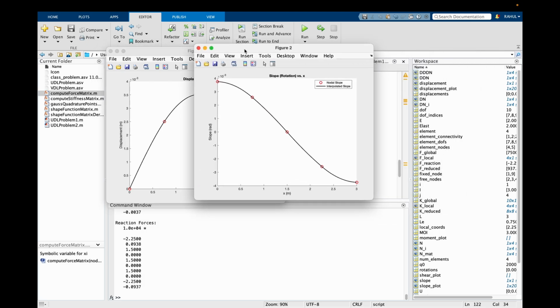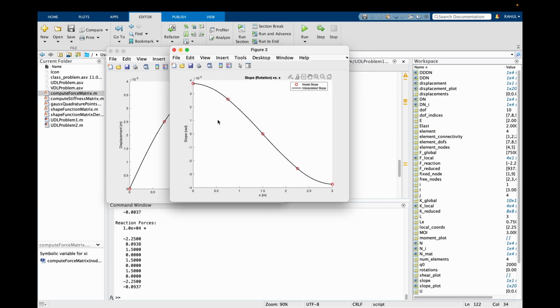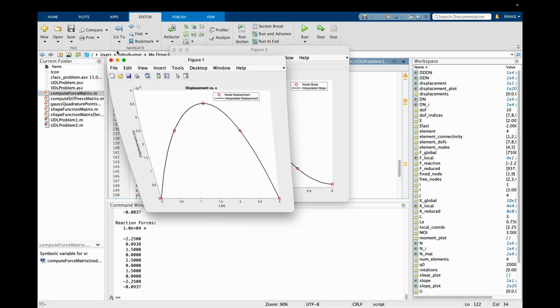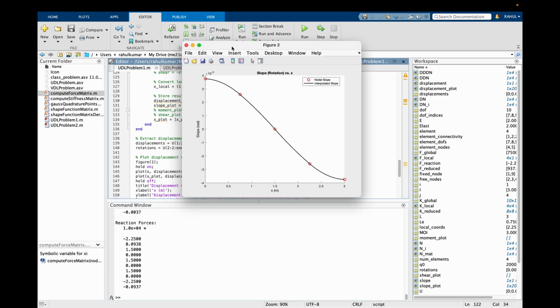And this is the slope. But here you might be confused, because you might be seeing that it should be the same value at the endpoints, but we already saw that this value should not be the same, because there is a difference of sign.